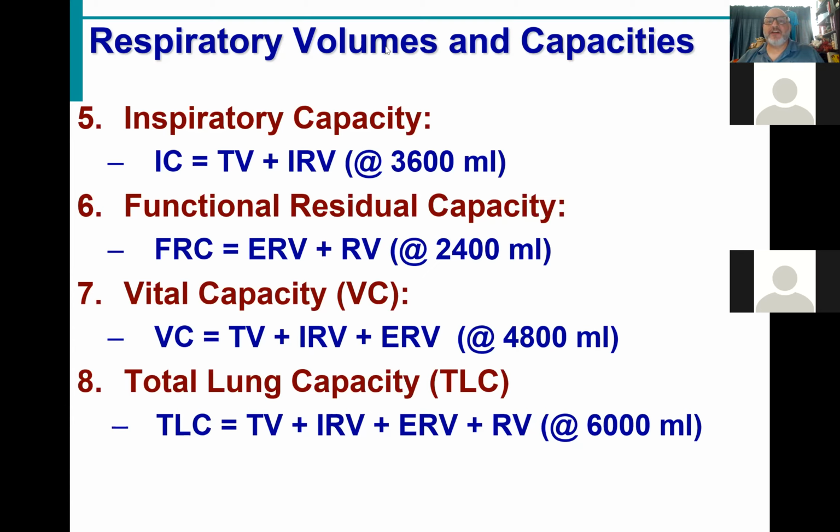If, for instance, on an exam, I were to say that an individual had a tidal volume of 650 milliliters, an inspiratory reserve volume of 1,200 milliliters, and a vital capacity of 4,000 milliliters, as part one of your essay questions, could you tell me what the expiratory reserve volume is?